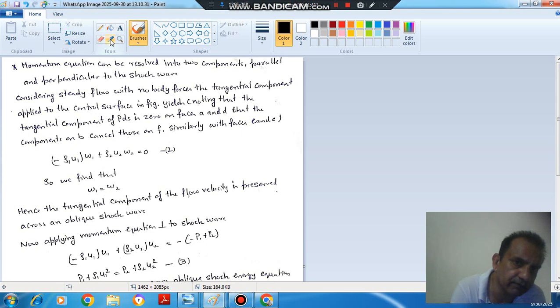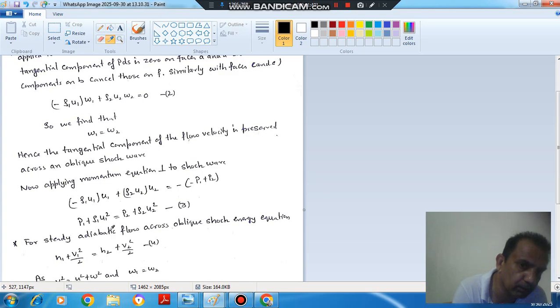And then from the normal component of the momentum equation we derived p1 plus rho 1 u1 square is equal to p2 plus rho 2 u2 square. So these are the three equations: first w1 is equal to w2, then the momentum equation normal to the shock, and the continuity equation.